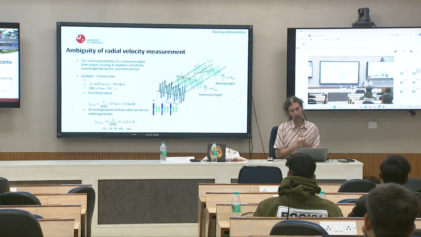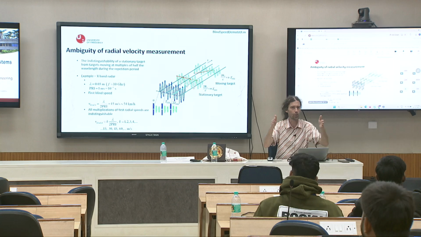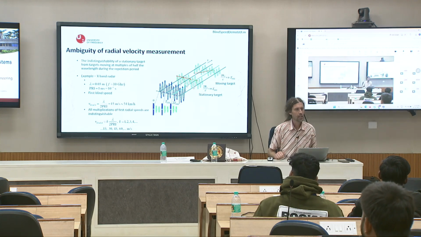Okay, and about ambiguity of radial velocity, this is visualization of blind speed. You know that in range we have ambiguous range, unambiguous range. Unambiguous is range where I can perfectly detect what is range of my target. After this is ambiguous range, because I can't be sure, of course, because I get a bad value.